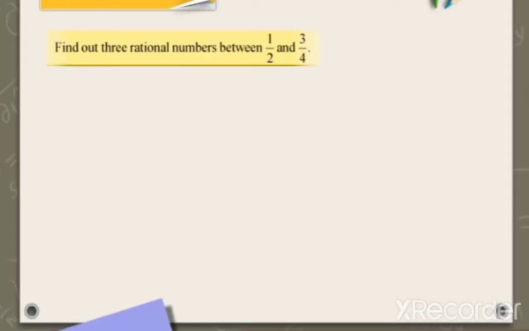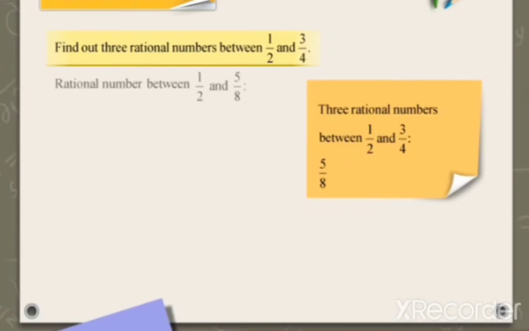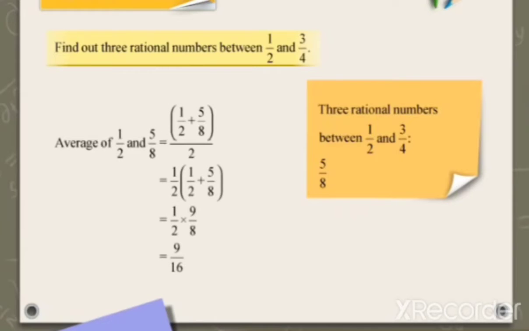Let's look at another method of finding out rational numbers between two rational numbers. For this, consider the given example. Now, to find out rational numbers between 1 upon 2 and 3 upon 4, we will find out the average of these two numbers. For this, add 1 upon 2 and 3 upon 4 and divide the sum by 2. This is equal to 5 upon 8. Now, let's find out another rational number between 1 upon 2 and 5 upon 8 by calculating the average of these two numbers.